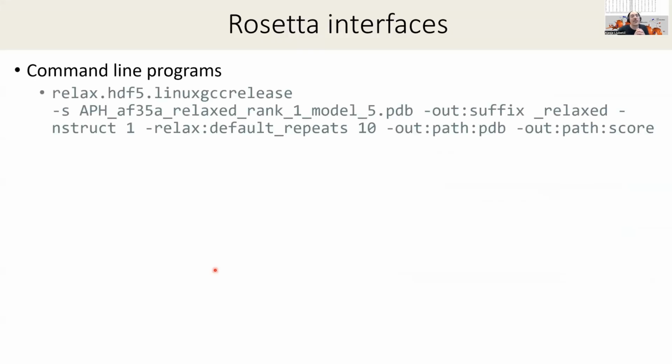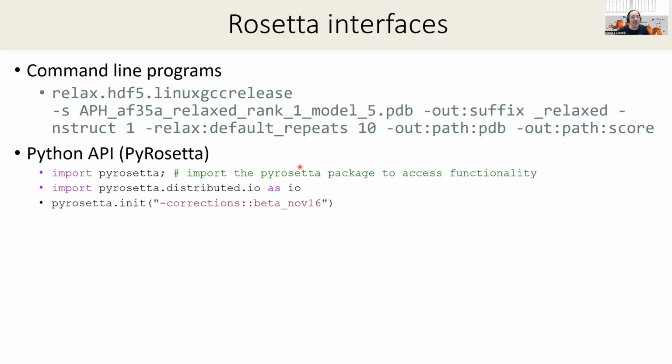And then Rosetta has several interfaces. One thing you can do is run an existing executable, for example, here to just relax, minimize the protein, and give it input parameters. Or in the old days, you would have to write a C++ program and compile it and then run it on your PDB. Of course, this is very slow in terms of development time.